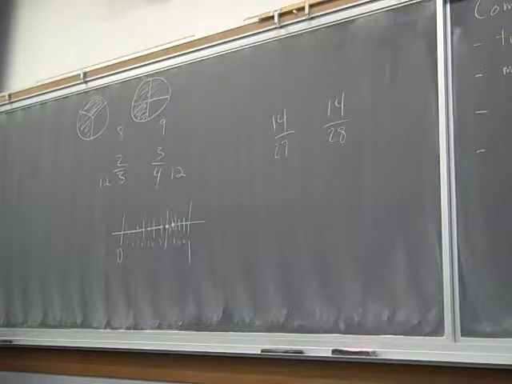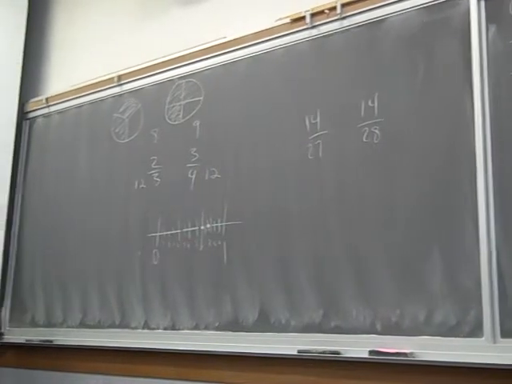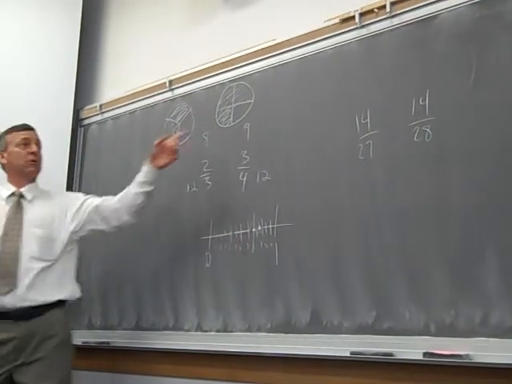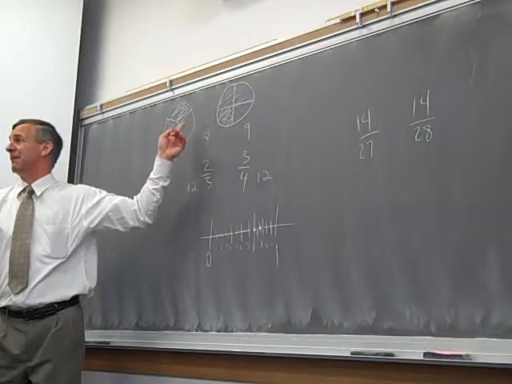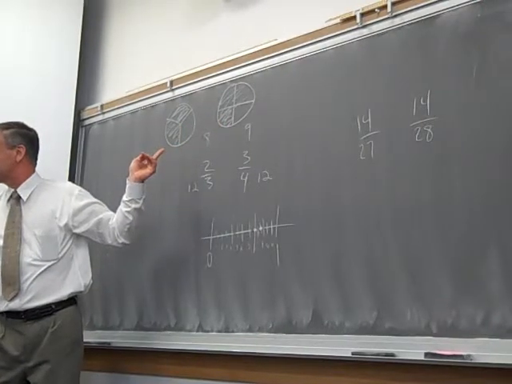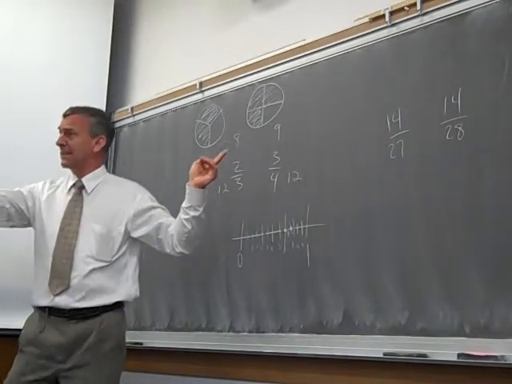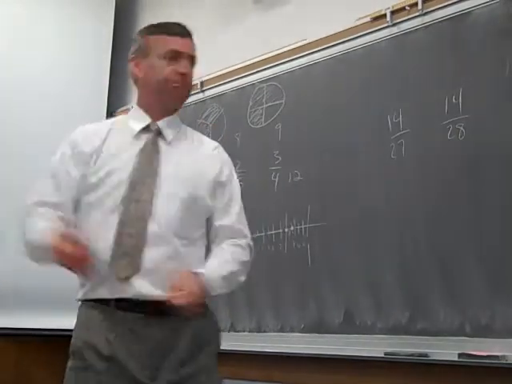Now, if you had models of really accurate ones, you could put them on top of each other and see if they were accurate. But kids just drawing them, sometimes they could draw 3/4 that look smaller than 2/3 if they did it incorrectly. So I think that is helpful.